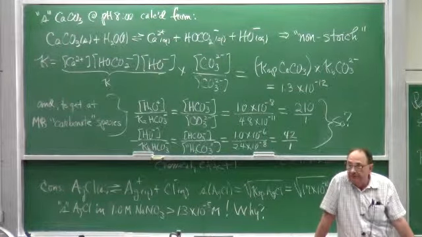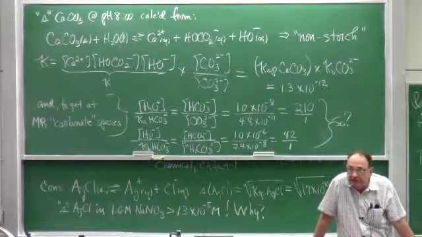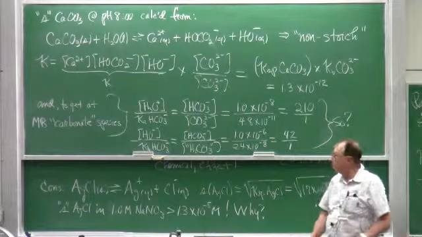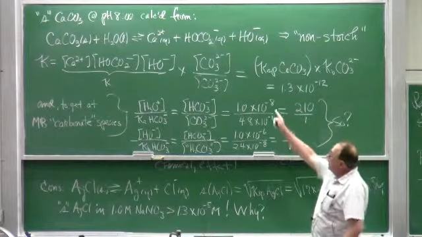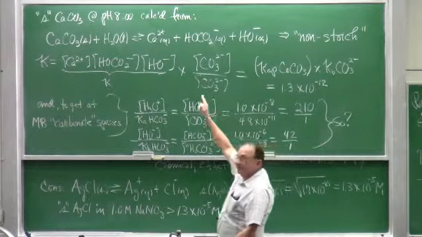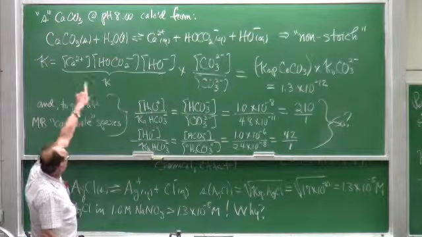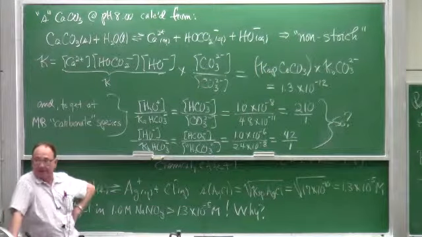Sure. Well then, if the other forms of carbonate ion beside bicarb need not be considered, because we've demonstrated that bicarb is by far the principal species, then all the carbonate which goes into solution by this reaction becomes bicarb ion.